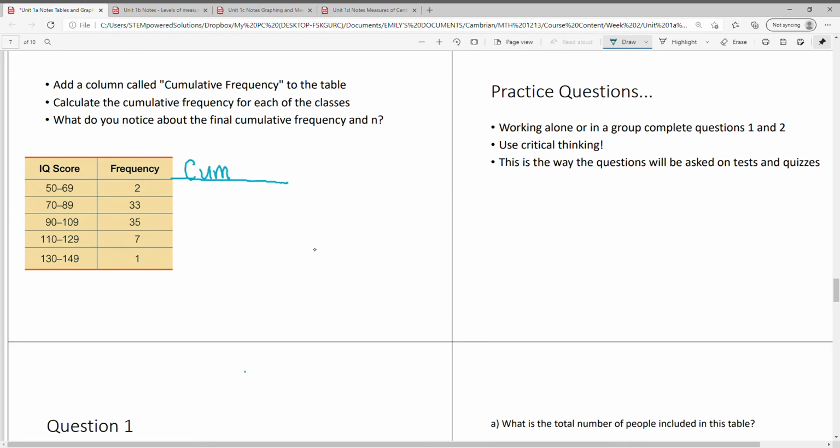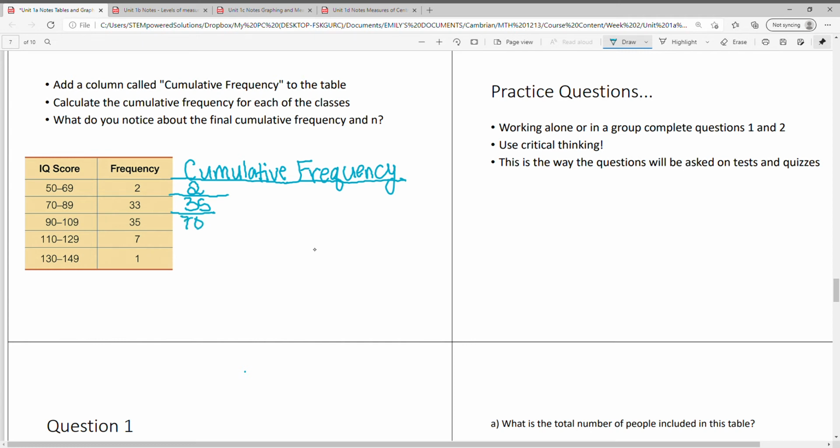So cumulative frequency, we're just going to be adding up the first frequency to itself. Okay, so the first frequency is 2. Then we're going to add 2 plus 33, which is 35. Then we're going to add 35 plus 35, which is 70.